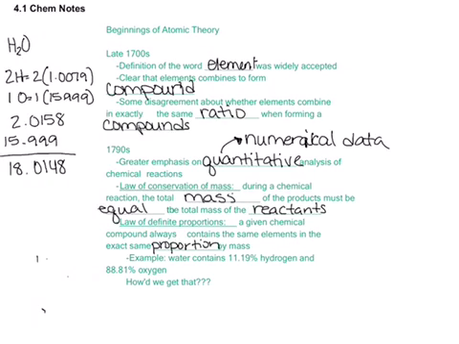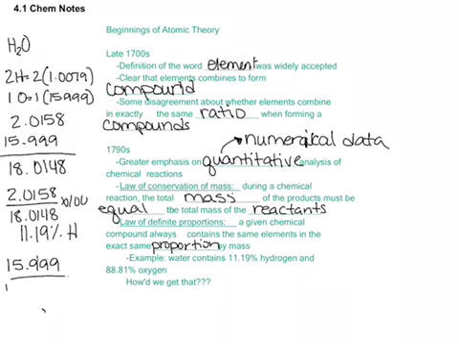And so then to figure out by percentage, you take the mass of hydrogen, the 2 atoms of hydrogen, over the total mass of the compound, and you would multiply that by 100, and you end up getting 11.19% of that compound is hydrogen. And then you repeat that process for the mass of oxygen, so 15.999 over the total mass of the compound times 100, and you'll get 88.81% is oxygen in the compound water.